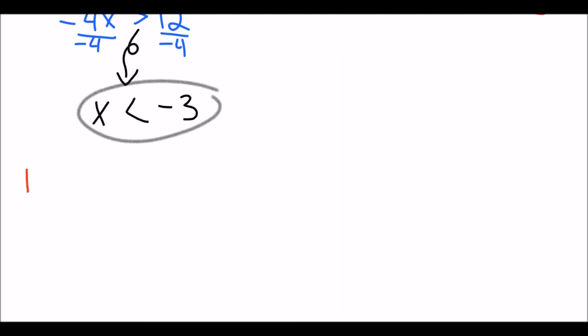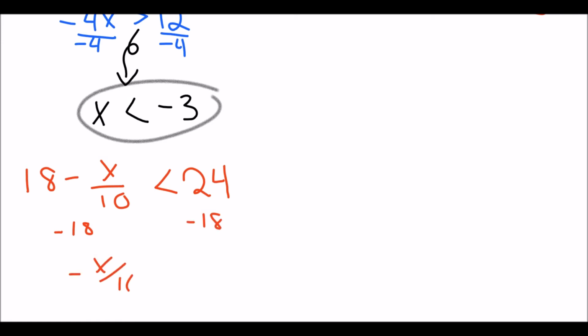So now we're going to do 18 minus x over 10, and that's going to be less than 24. All right, so let's solve for x. So we're going to pretend like it's an equal sign for now, so it's just an equation, and we are going to subtract 18 from both sides, and we get negative x over 10. And that is less than 6.